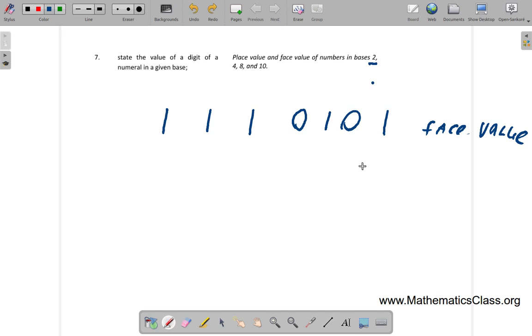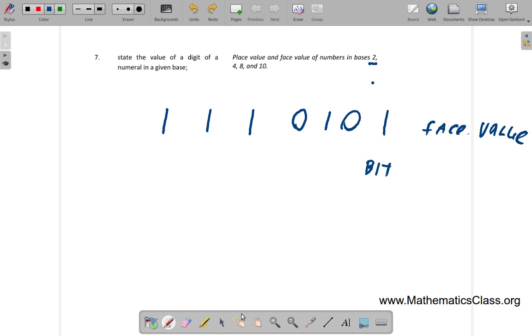And remember, by the way, that each of these is called a bit, which is the shortened form of binary digit.